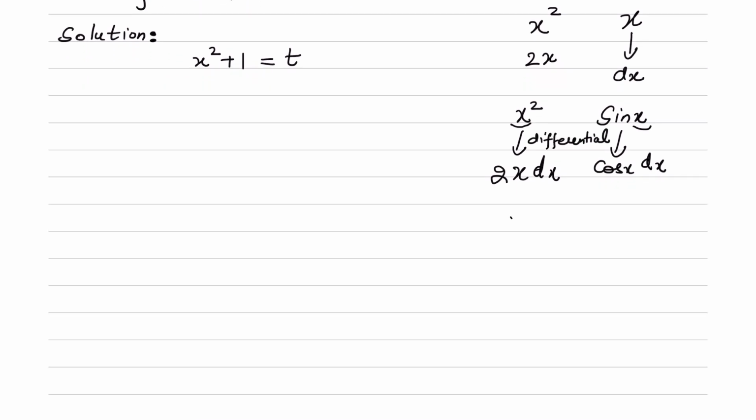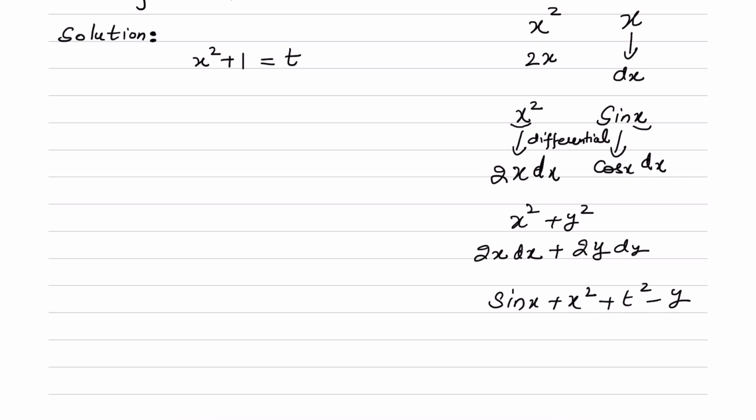Now let's say you have x square plus y square and you are asked to find the differential. X square differential would be first its derivative, which is 2x, and then x differential is dx, plus y square differential is first its derivative, which is 2y by power rule, and then y differential, which is dy. Let's say you have sine x plus x square plus t square minus y, and you have to find the differential of this expression.